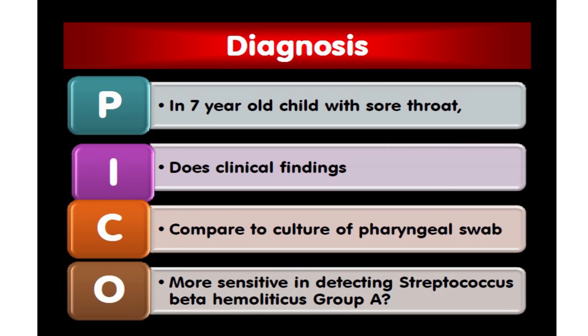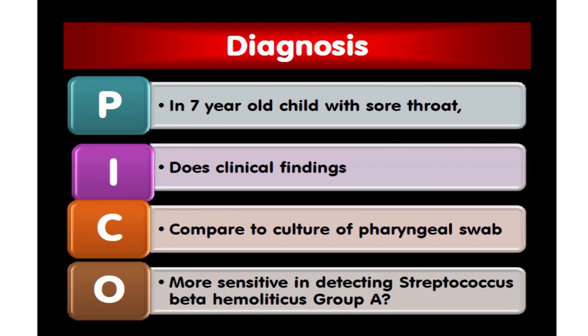For instance, you see your 7-year-old patient having a sore throat, and then you ask yourself whether you have to send your patient to the hospital for an accurate diagnosis, and then you compare clinical findings with culture of pharyngeal swab. What will you see? Which is more sensitive in detecting Streptococcus beta hemolyticus group A?